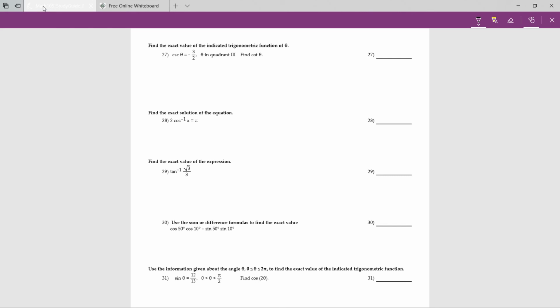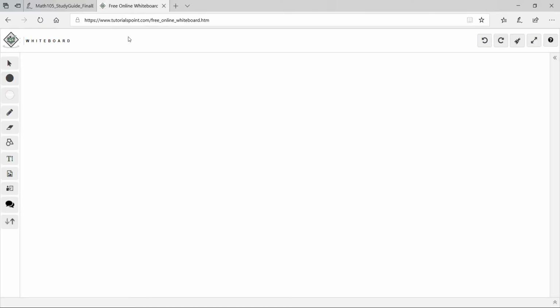That was 28. 29 says find the exact value of tangent inverse of square root of 3 over 3. So we have tangent inverse of square root 3 over 3.